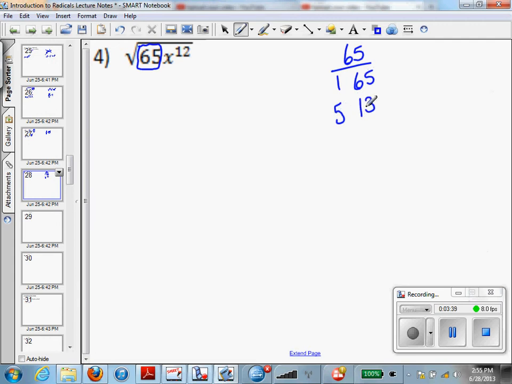And 5 and 13 are prime along with 1, so this cannot be broken down to any perfect squares. So we know for certain that 65 will be left in the radical.